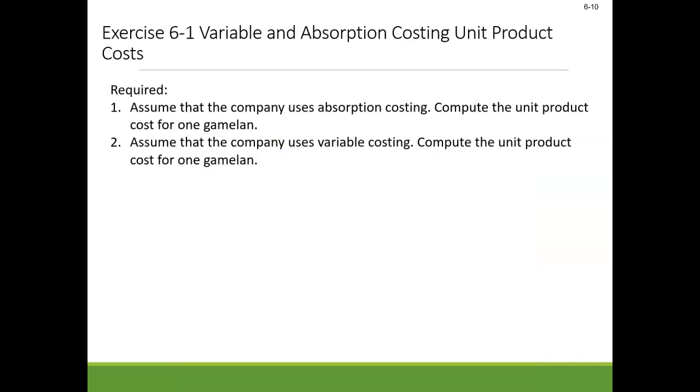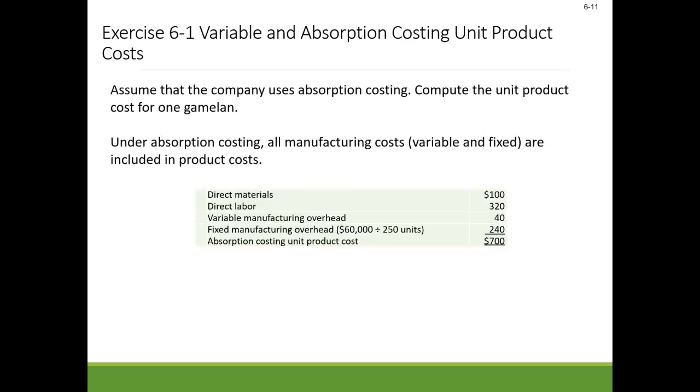Assume the company uses absorption costing. Compute the unit product cost for one gamelan. Well, in this case, we're going to take direct materials, direct labor, the variable manufacturing overhead, and then the fixed manufacturing overhead, which we divide by the number we produced, 250 units.